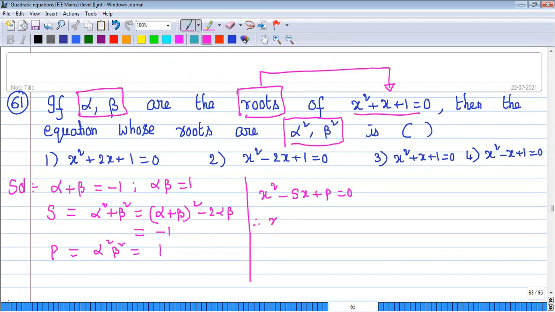Therefore, x square plus x plus 1 is equal to 0. The same equation you will get. Even after squaring, the roots of the equation are unaltered. Third option. This is one method. The other method: the roots are the square of the given roots. That means now put x for root x.